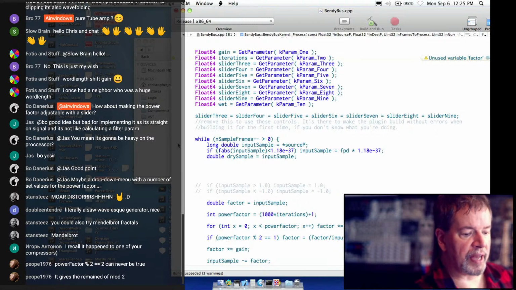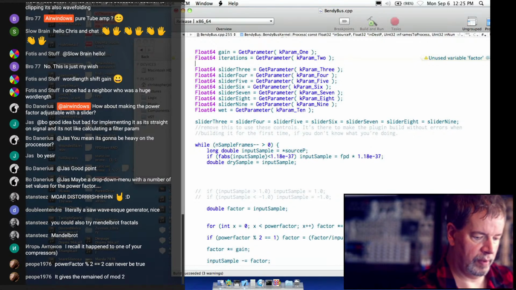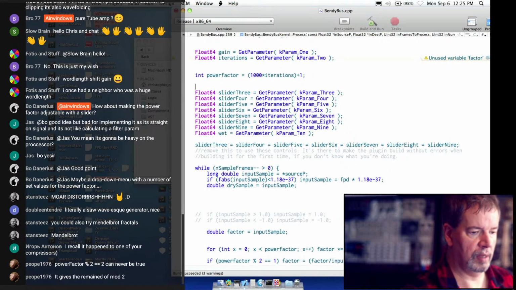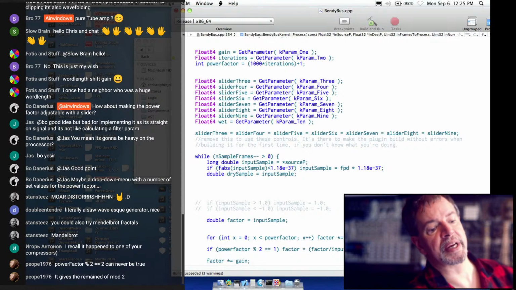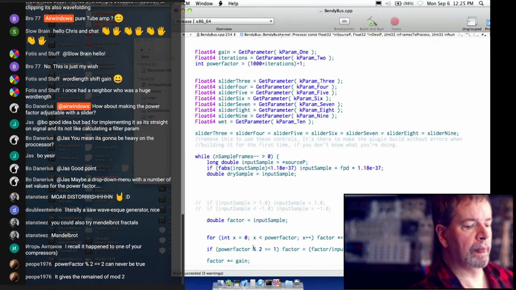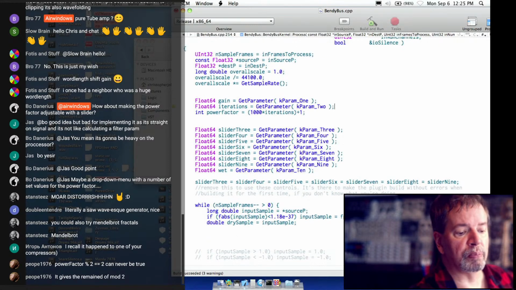We can actually put that up here too if we want, because we really don't need to be recalculating that every sample. It's already leading to enough mess and difficult processing, so we don't need to recalculate that. That can only change when this changes. So we're reading this outside of the sample loop and inside of the control update loop.